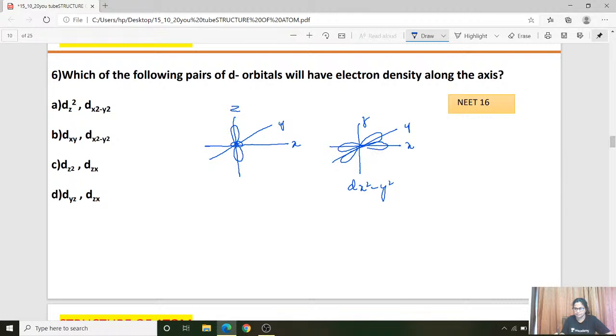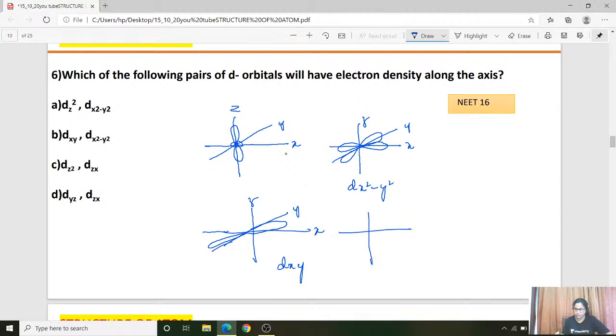If you take dxy, it is in between x and y. In the electron density diagram, you are getting it like this. It is in between, in the xy plane. It is not along the x and y axes.